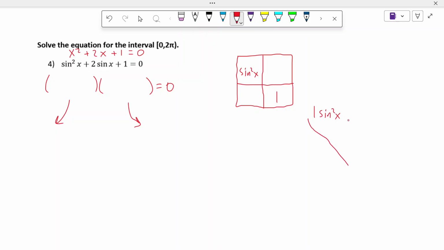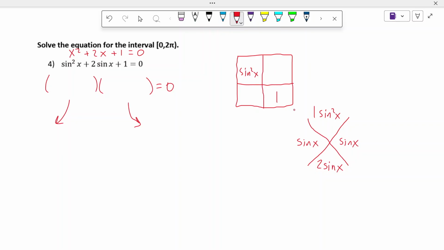That's our multiplication piece, because this diagonal also has to multiply to that. And then we have to add to make the middle term of our standard form. That's 2 sine of x. All right, what 2 things multiply to make sine squared of x and add to make 2 of the sines? Well, that's just a sine of x and a sine of x. They multiply to make sine squared, and they add together to make 2 of the sines. So those are the 2 pieces that go in here.